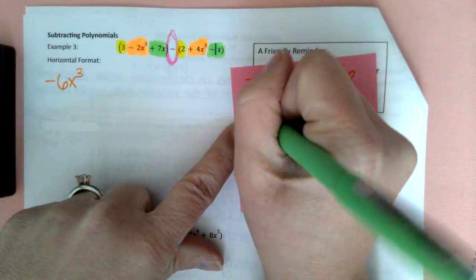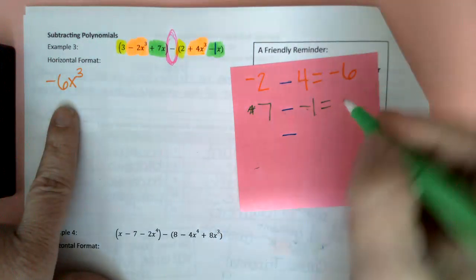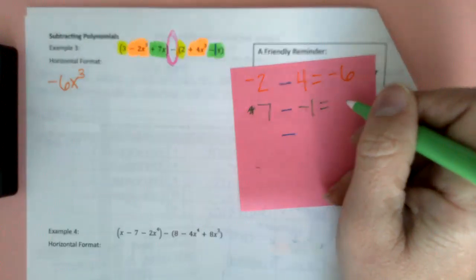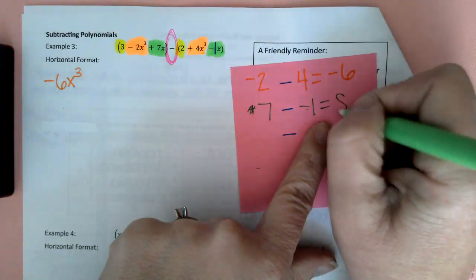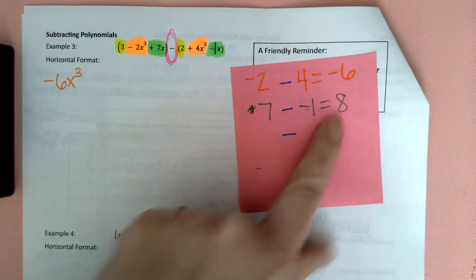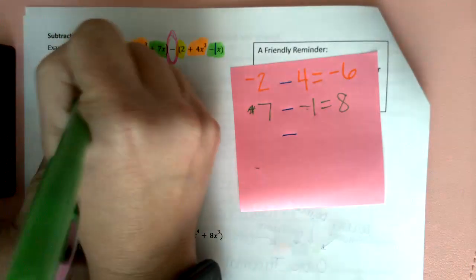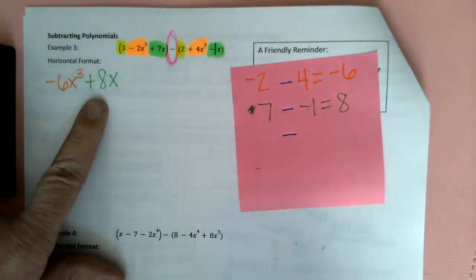Type that in Desmos. 7 minus negative 1, and what do you get? 7 minus negative 1 is 8. Is that a positive 8 or a negative 8? Positive, so that's where I get the plus sign from. So plus 8, and it's just got an x.